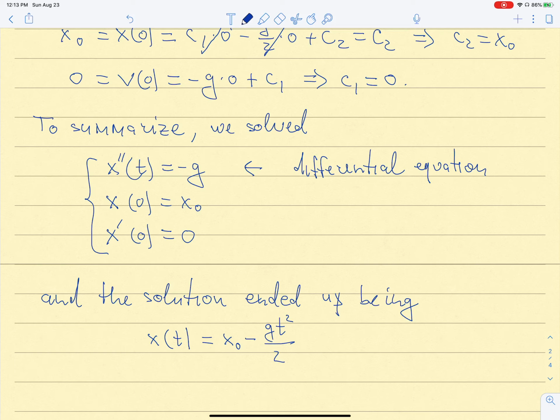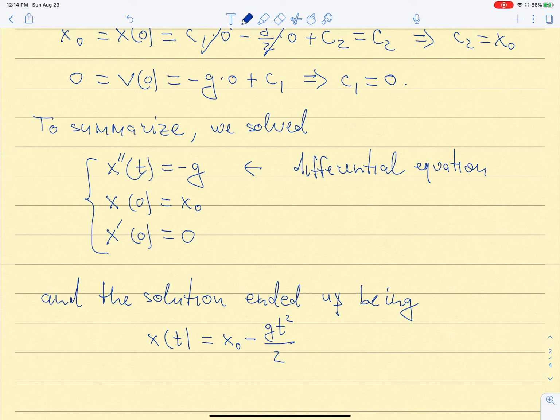Another point is that the solution of a differential equation, in this case a differential equation that involves a second derivative, involved integrating the equation twice, and integrating twice produced two unknown constants c1 and c2. So the solution of a differential equation actually is not unique; you can have infinitely many different solutions, and you can extract one solution out of those by specifying these two unknown constants.